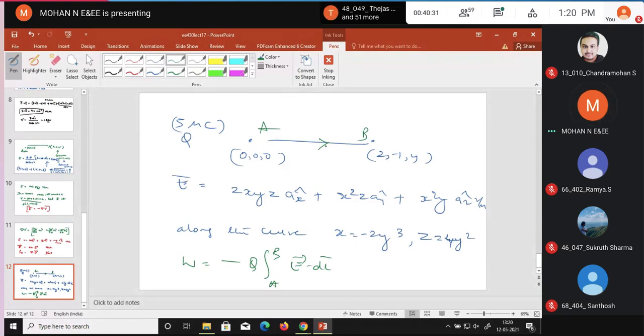Your dl vector is simple: dx ax cap, dy ay cap, and dz az cap. Some mathematical integration concepts have to be used, and the rest of the things remain the same. So this problem is one for practice.